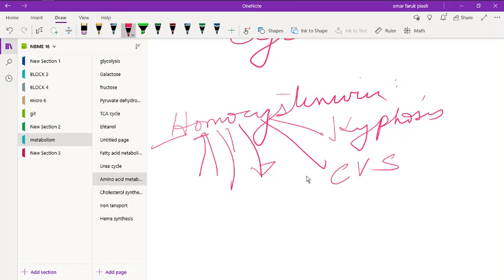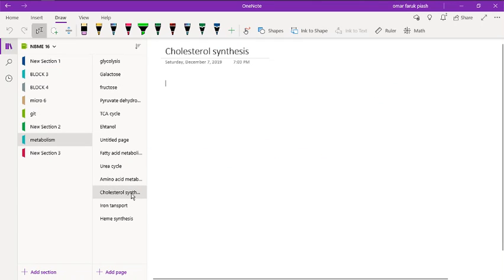Okay, this is all about amino acid metabolism. Now I would like to discuss cholesterol synthesis. This is very easy; we need only two enzymes to remember. For making cholesterol we need acetyl CoA.